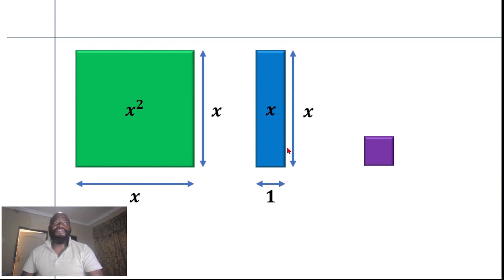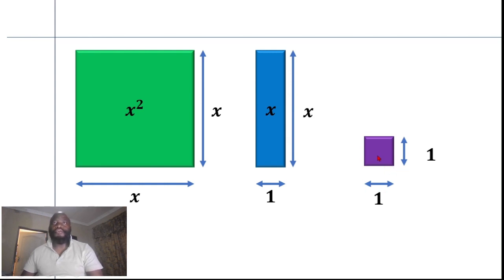If we have 2 of them, it will be 2x. If we have 2 of these, it will be 2x squared. And then this one has width of 1 and length of 1, which means it is a constant. It will be representing the constant term in the trinomial.